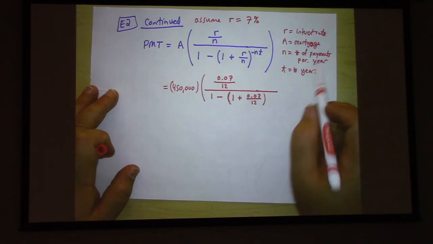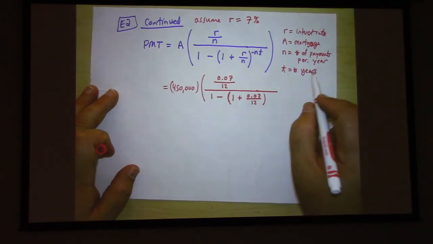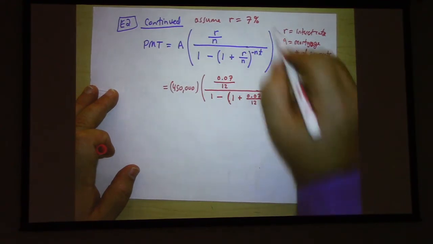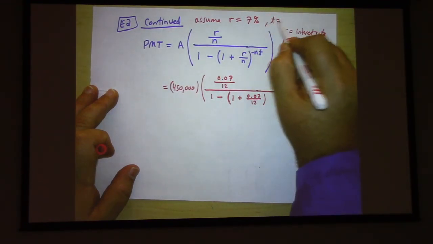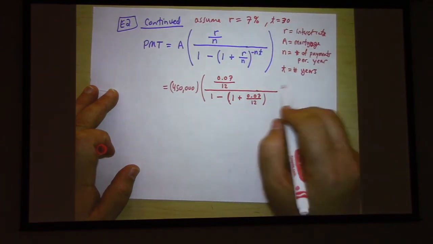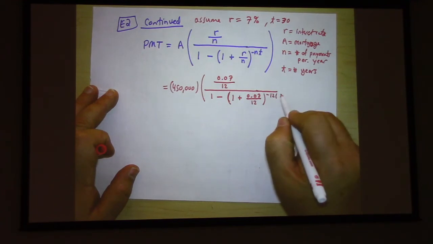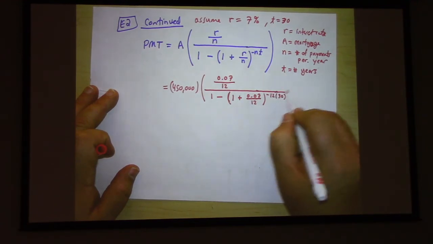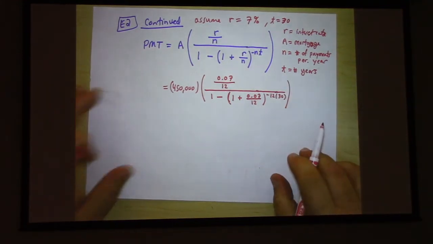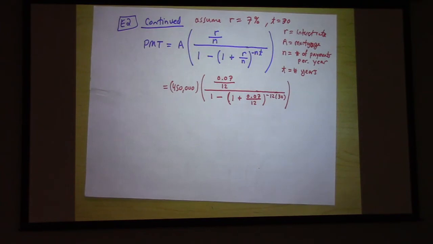Minus 12 times the number of years. So let's see here. And we're assuming that t is equal to 30, right? 30-year loan. So we do minus 12 times 30, I believe. All right. So we need to calculate that, yeah?